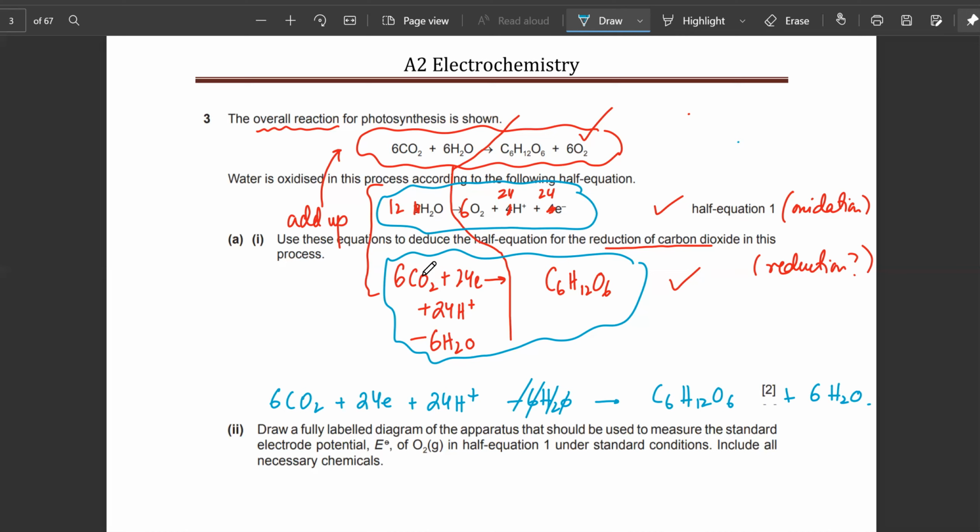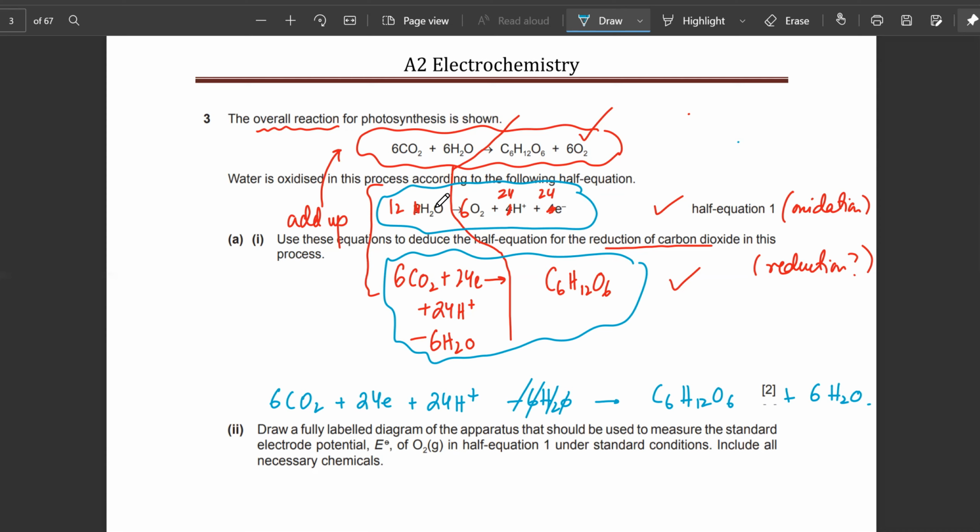And I multiplied it by 6 because I had 6 CO2, so these two would add up to give you 6 CO2s. Is this clear so far? There was a glucose molecule over here, and this equation did not have a glucose molecule, so the glucose molecule came from this equation. So I put a glucose molecule over there as well. The only thing at the end was that when I add up the two half equations, they must add up to 6 water molecules.